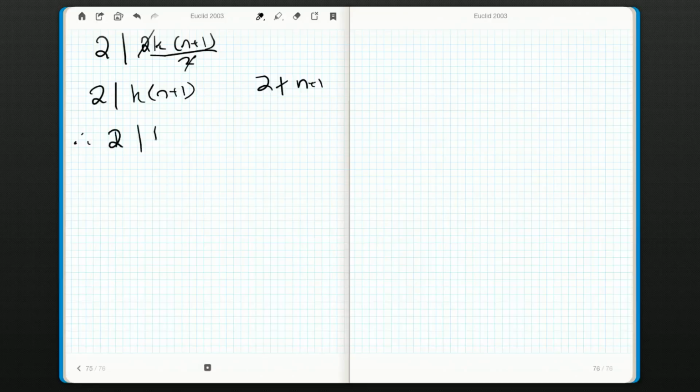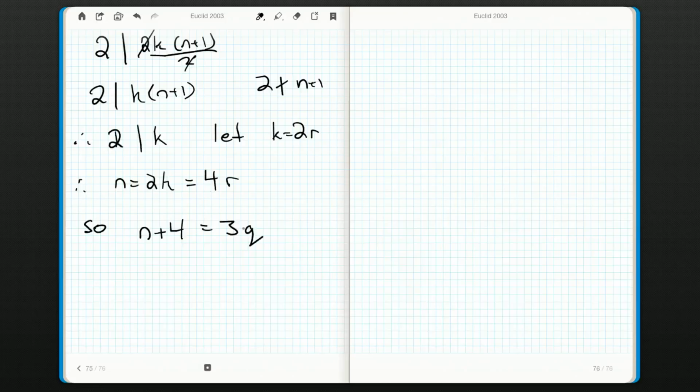Therefore, 2 must divide k, and let k equal 2r. Therefore, n is 2k, which is therefore 4r. So n plus 4, which is 3 times (q plus 1), we can rewrite this as 4r plus 4 equals 3 times (q plus 1).